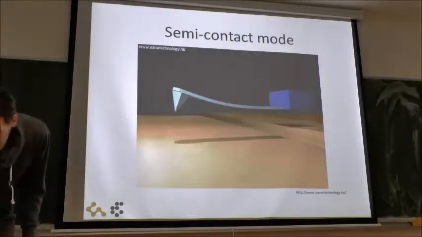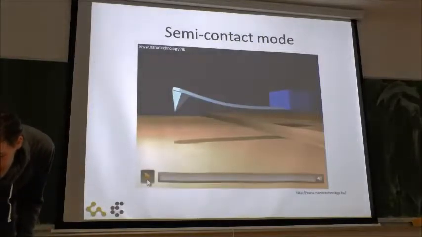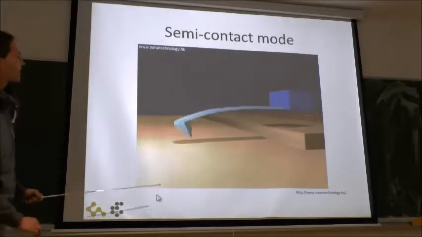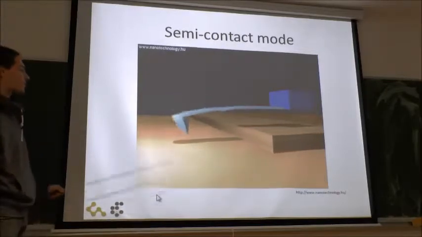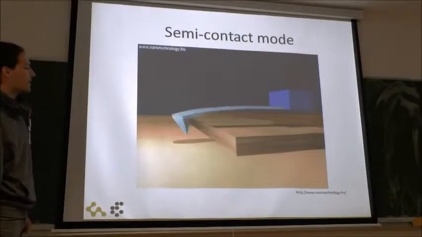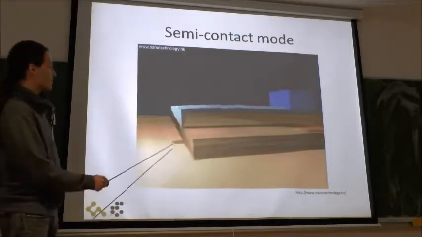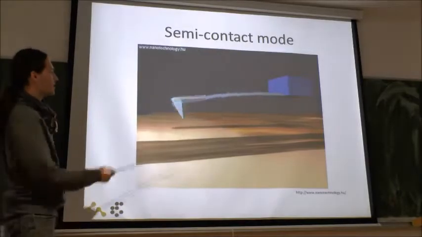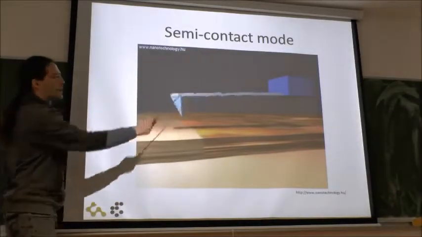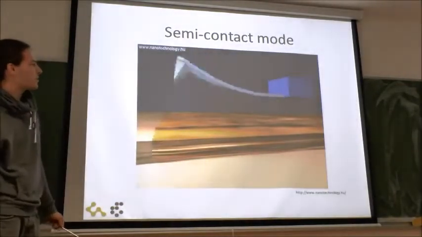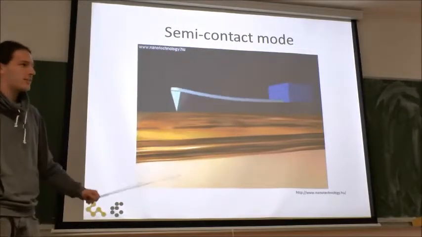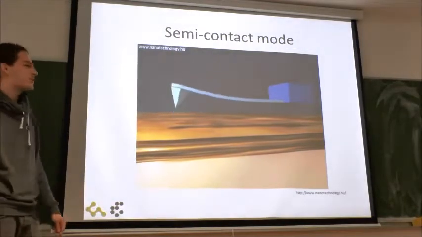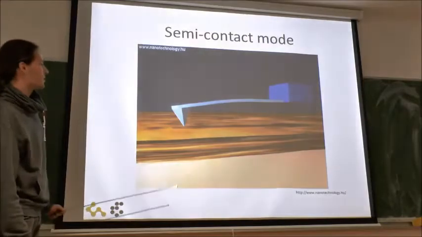So here is the movie of how this works in the semi-contact mode. That means that we're oscillating the tip, and when we come to the edge, we see that the amplitude changes. So we need to modify the height, and we then measure the changes in the distance of the sample.